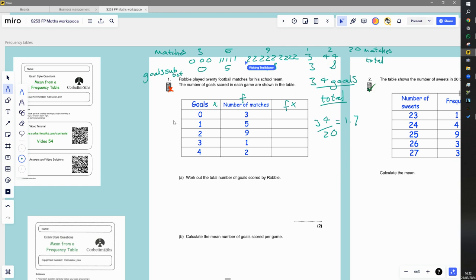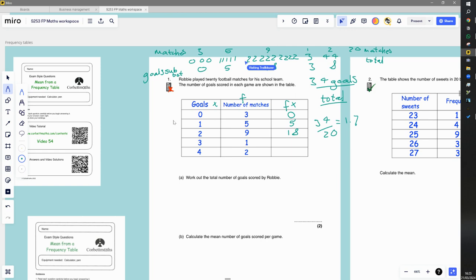But okay, all right. So we can see that he scored 0 and 0 and 0, so we just add 0 plus 0. Well, basically we're timesing it by 3, aren't we? So 0. Here we've got 1 plus 1 plus 1, in other words, we're multiplying 1 by 5. So we get 5. Here we've got 9 twos, which means we just multiply 2 by 9. So that's 18. So you can see this number here is the same number as what I've written down there.